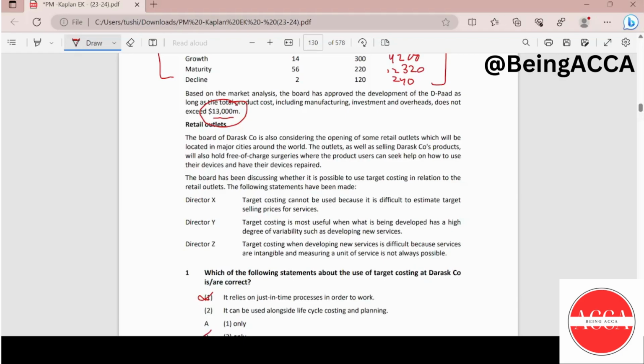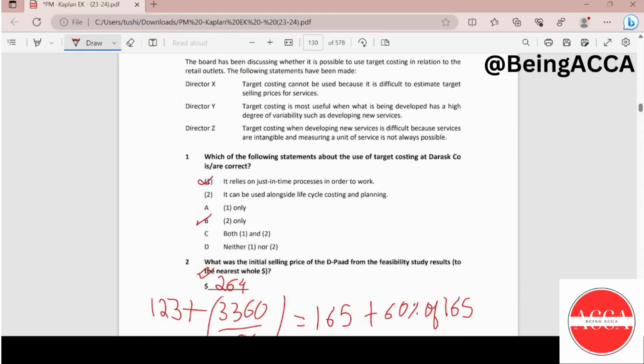Let's look at what director Z said. Target costing when developing new services is difficult because services are intangible and measuring a unit of service is not always possible. So, this is true. You might remember, or if you got exemptions, we studied about services in the BT exam, and it was always mentioned that services are intangible.